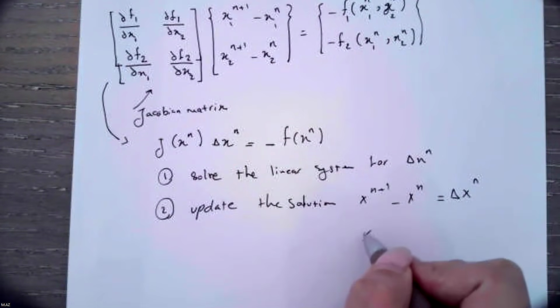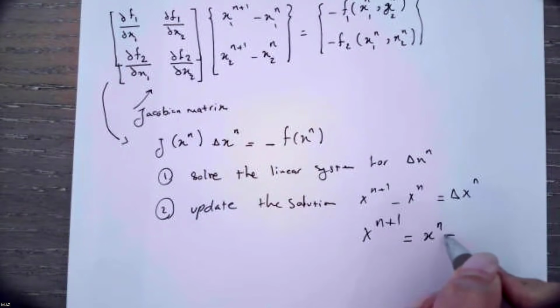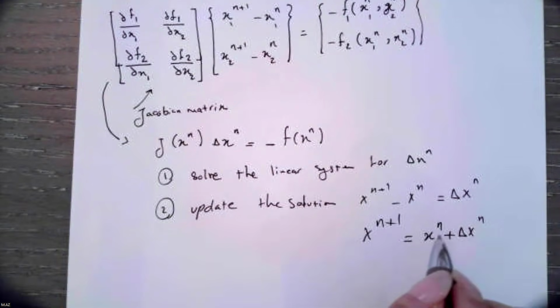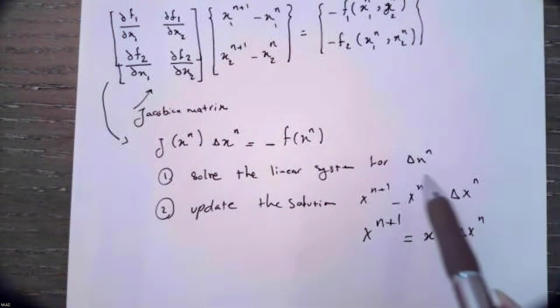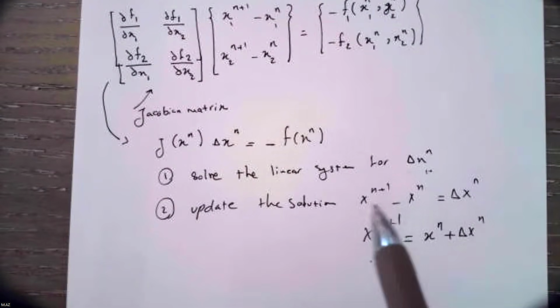And now we can find the value of x for the n plus 1 iteration. This is the Newton-Raphson method, okay?